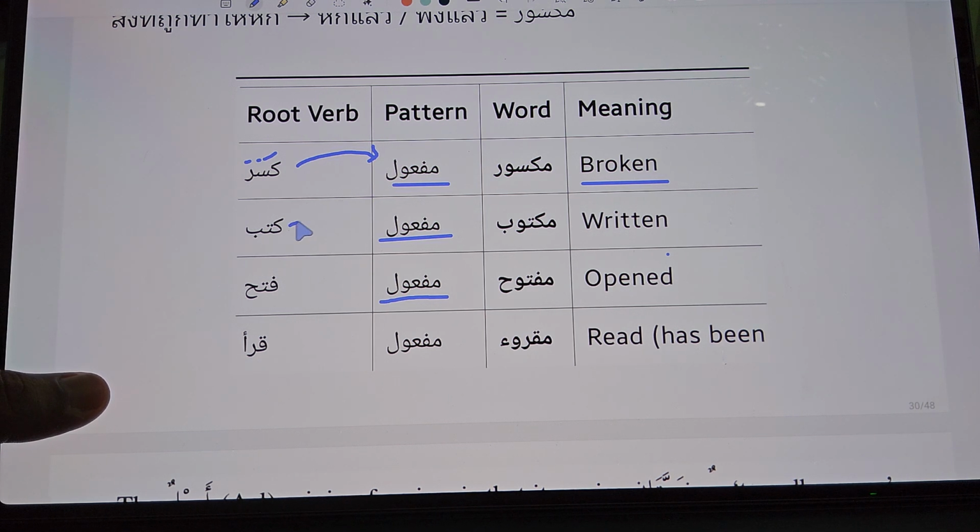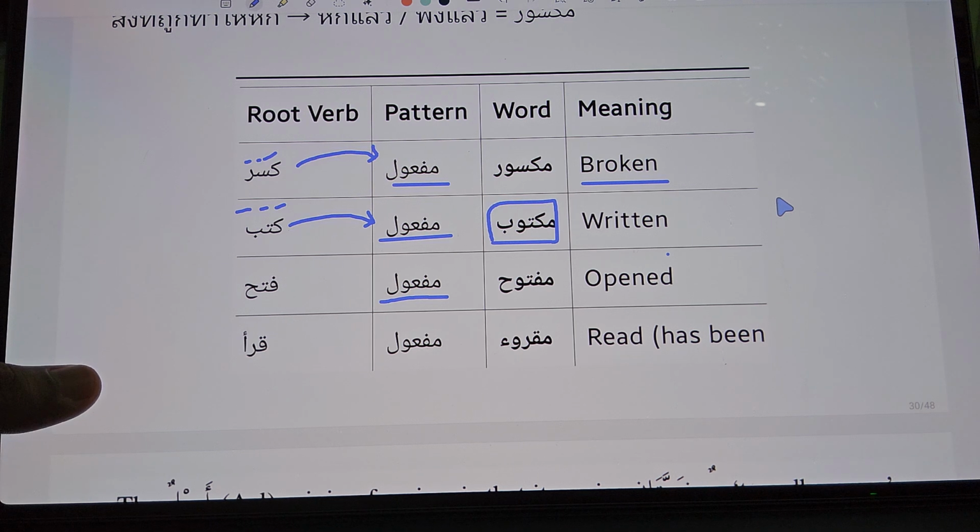Kataba, he wrote. And Akhana Yasin, if it comes on this wazn, how do you read it? Kataba is he wrote. Maktubun. What does it mean?